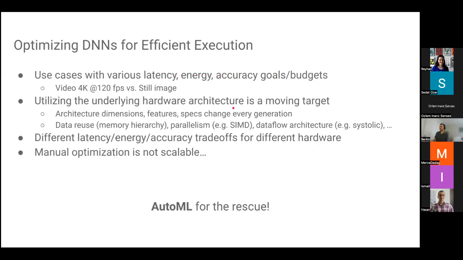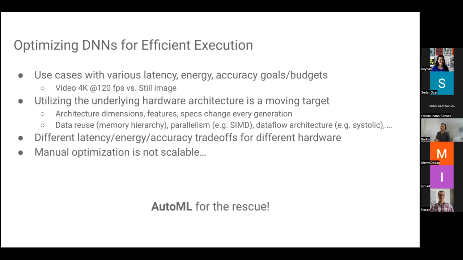And yeah, utilizing the hardware architecture is also not constant, it's not fixed. It's a moving target, because the architecture dimensions, those features that come with the architecture, they change every generation. There are also multiple types of hardware.